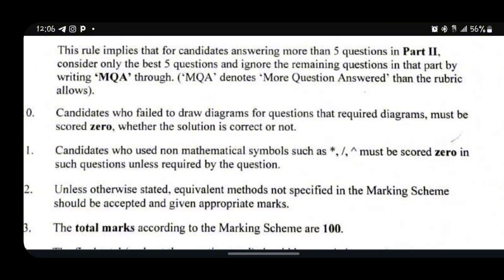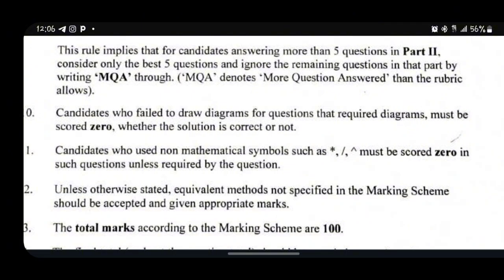In mathematics we don't use star to represent the multiplication sign, neither do we use the slash to represent the division sign, or the raised to power to represent the index form of a particular number.